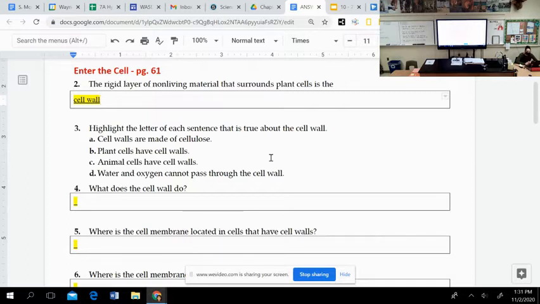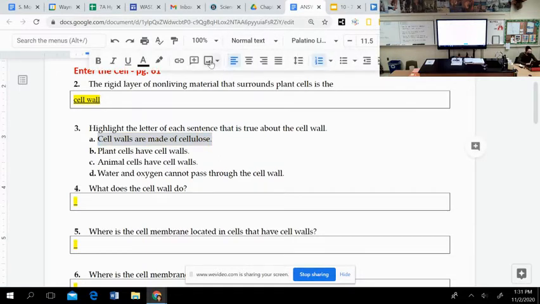There could be more than one. A and B, I agree. So A, highlight that, and B, we will highlight as well. The cell walls are made of cellulose, and plant cells have cell walls.